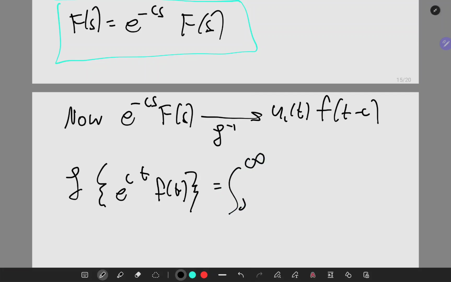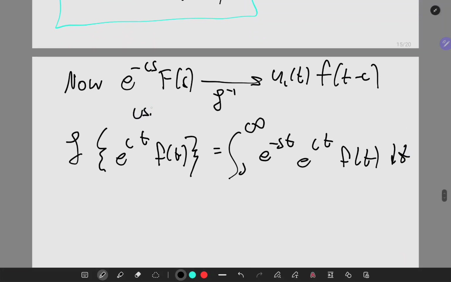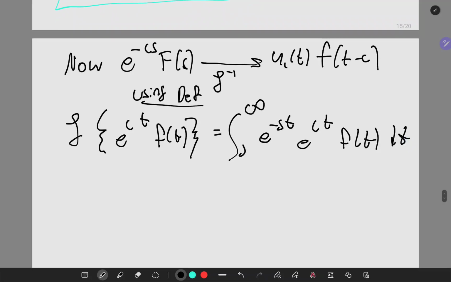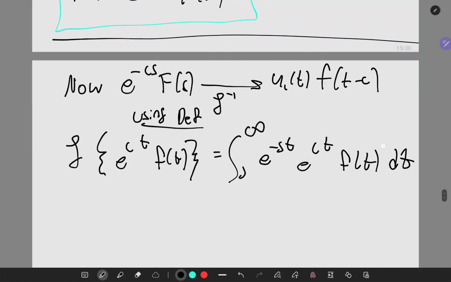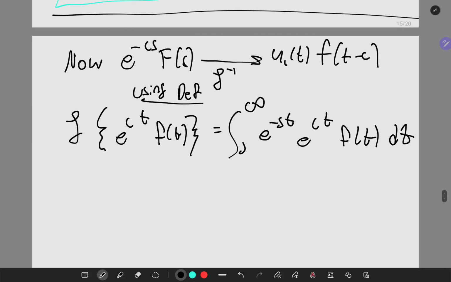0 to infinity, e to the minus st, e to the ct, f of t, dt, so I have this.